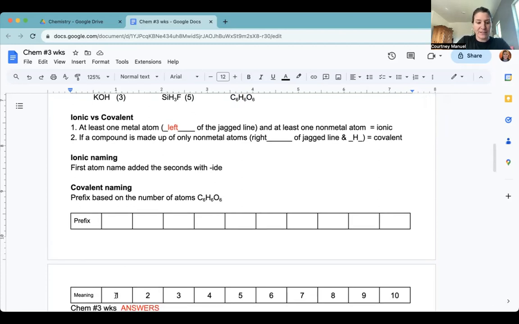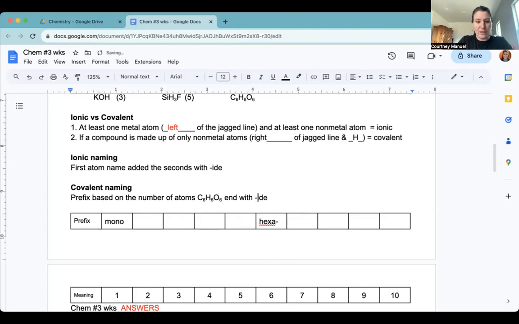So here's our prefixes. So the prefix of a 1 is a mono. And it doesn't start with mono, so we don't need that. And then we need to get it all the way to 6. So the prefix of 6 is hexa. So this would be a hexacarbon, hexahydrogen, hexaoxygen, and then we change it and we end it with an "ide."